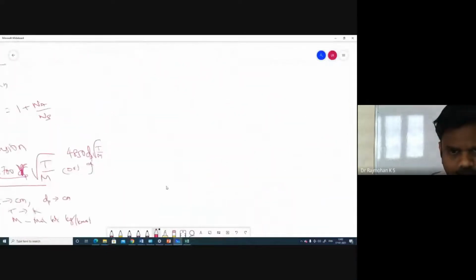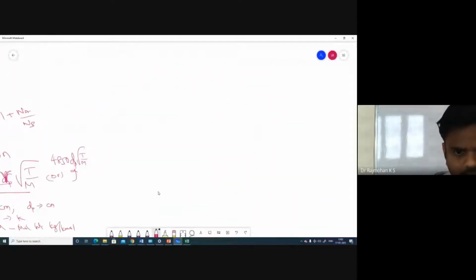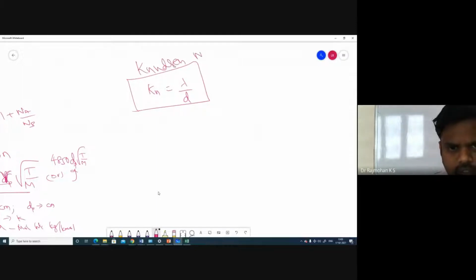So we can say that Knudsen number is given by lambda by d, right? When d is decreasing, the Knudsen number will increase.